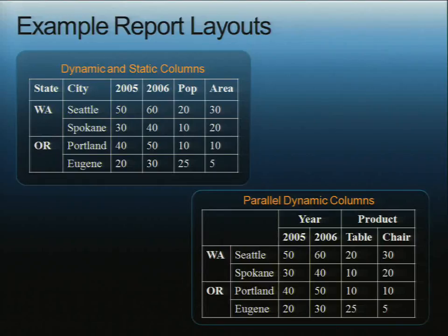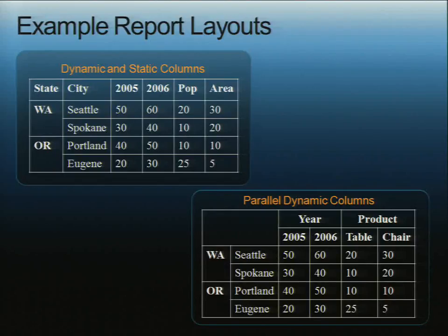Right now, of course, you can either use a matrix, which allows for dynamic columns and dynamic rows, or you can use a table, which only allows for dynamic rows but also has static columns. I'll show you a way of getting this behavior to work as well as possible given SQL Server 2005 functionality.